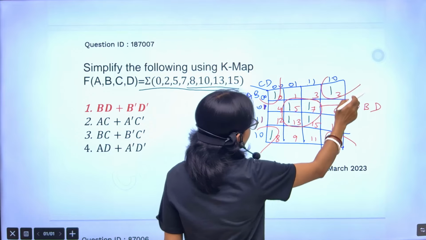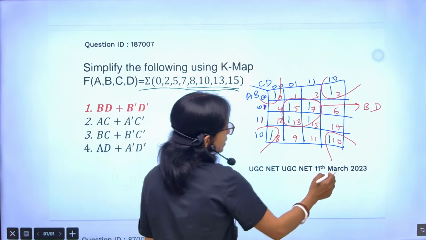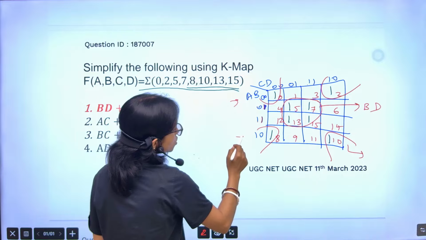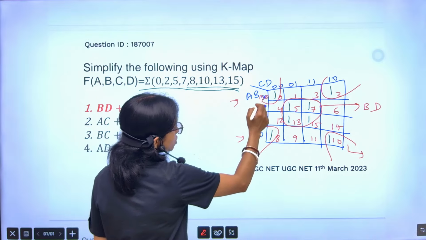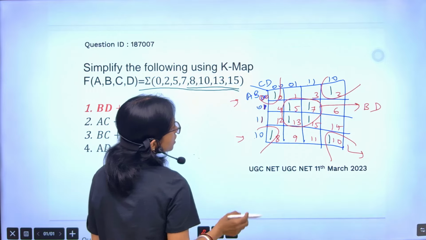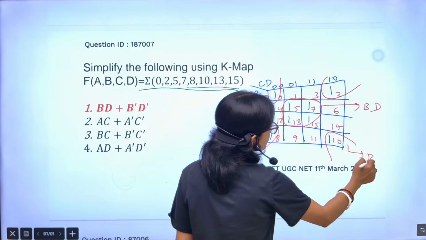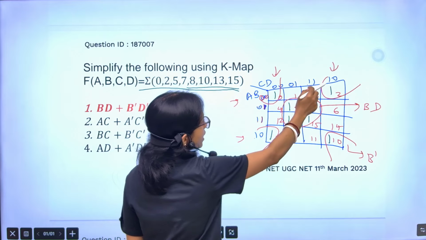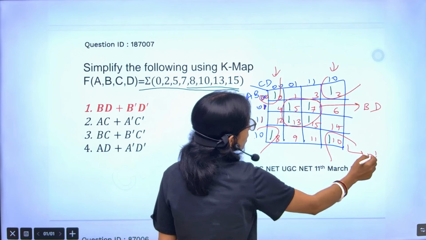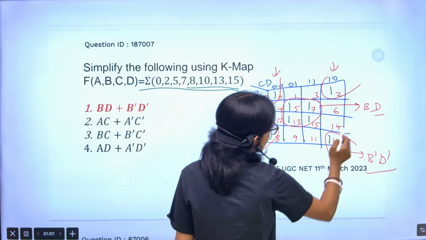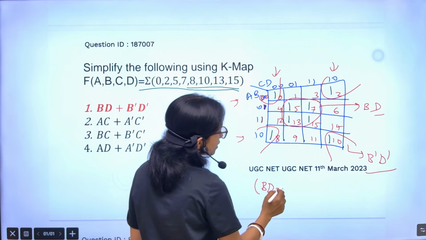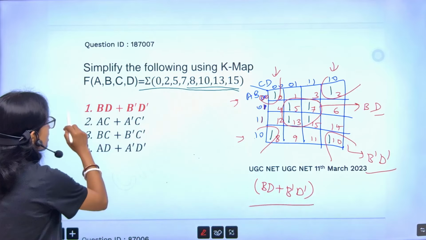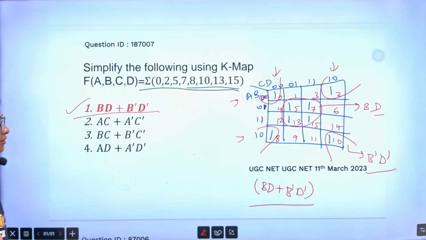This row and this row are involved, so it was 0 0. 0 and 1 cancel, 0 left, that means B bar. And this column and this column, 0 1 cancelled, 0 0 means D bar. So the final answer I am getting is BD plus B bar D bar.